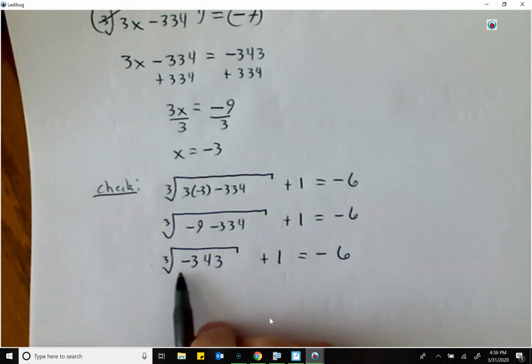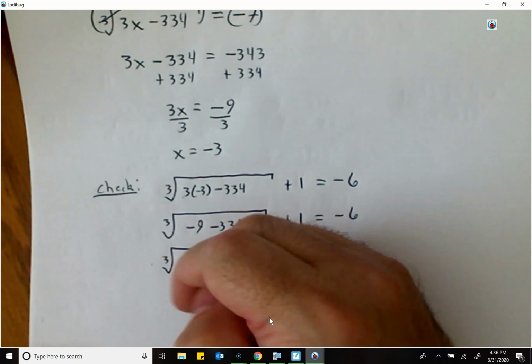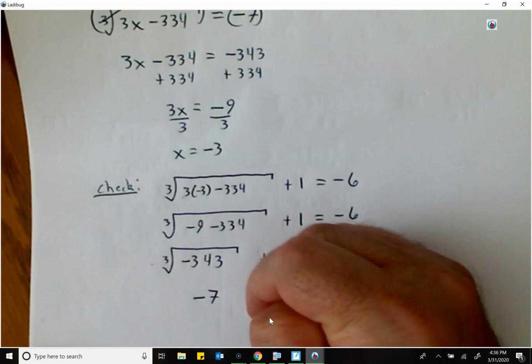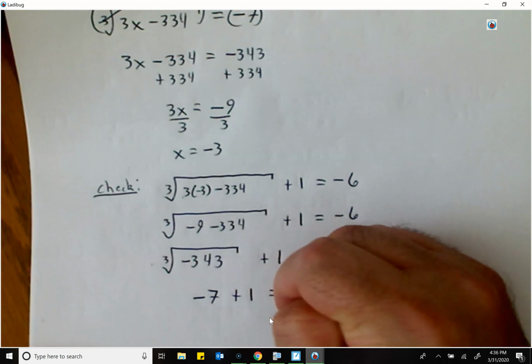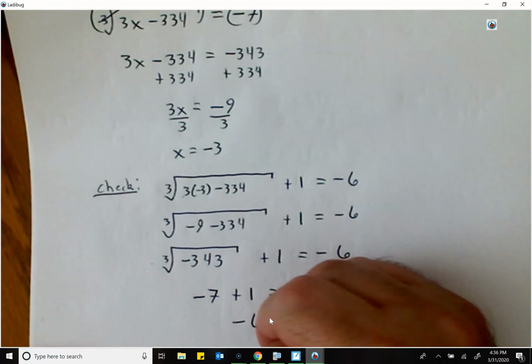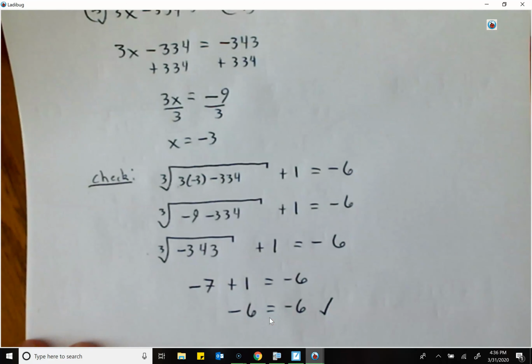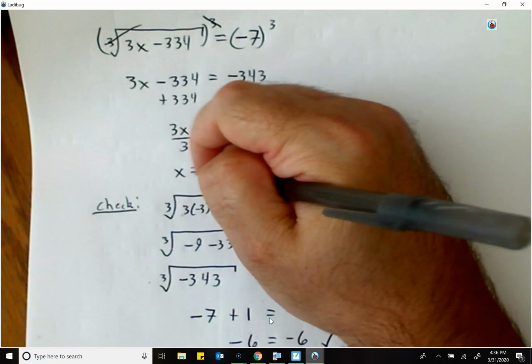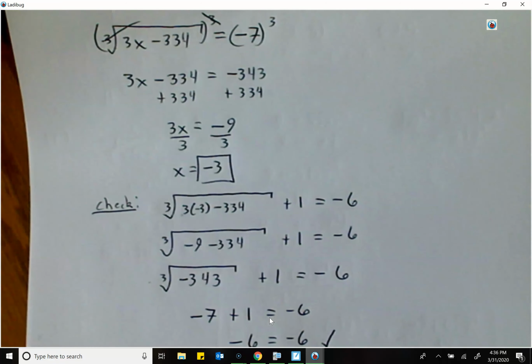The cube root of -343 is actually -7, plus 1 equal to -6. And -7 plus 1 is definitely a -6. So it checks out. So this is the answer to number 18 for sure. Validated. It is -3.